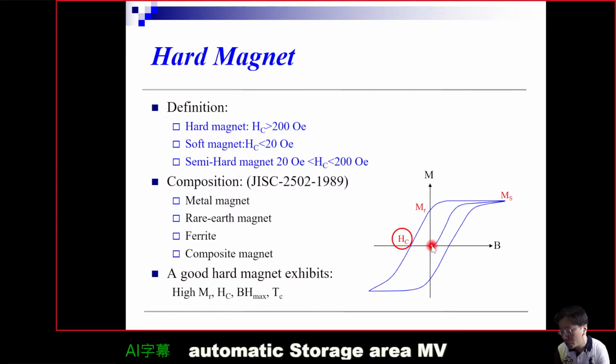And we also want to have a very high Tc, because if the Tc is very close to room temperature, we will have a phase change from ferromagnetism to paramagnetism.